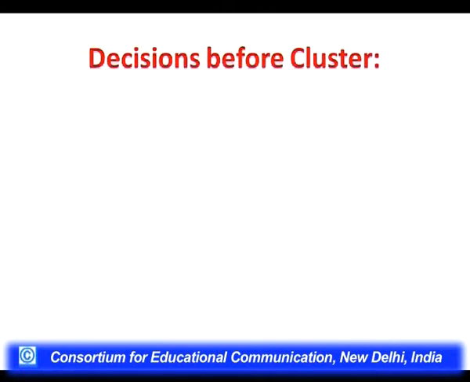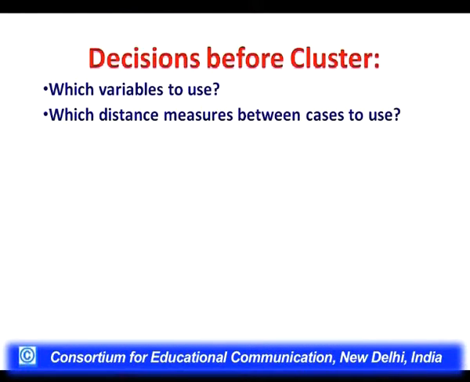Decisions before cluster. Now, we will discuss some of the decisions which are taken before clustering. Which variables to use and which distance measure between cases to use. How much distance we can have to keep them in one cluster. That is to be decided before starting the cluster analysis.